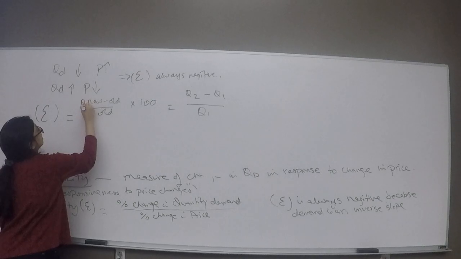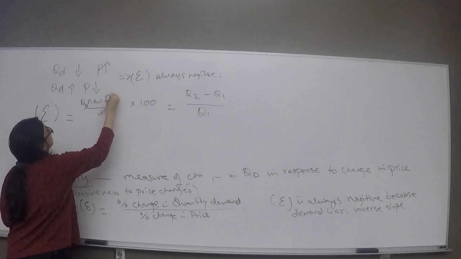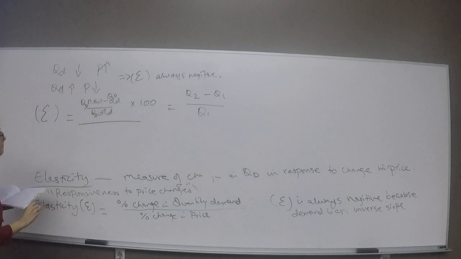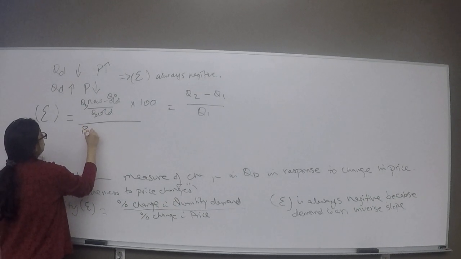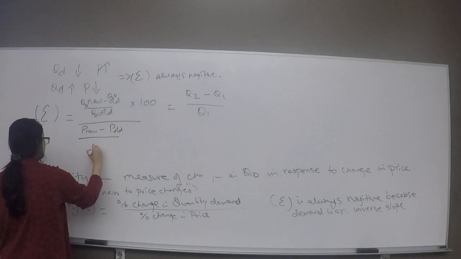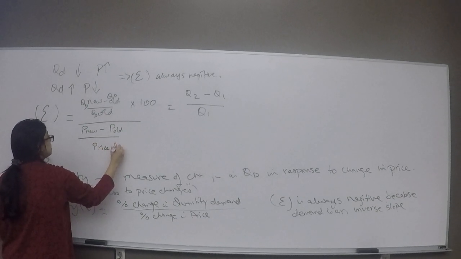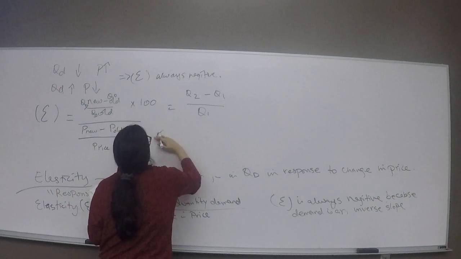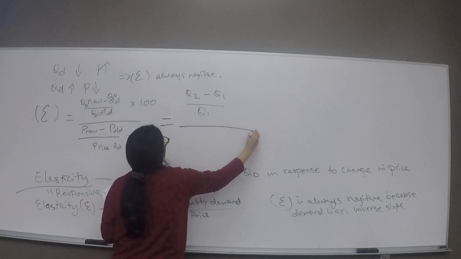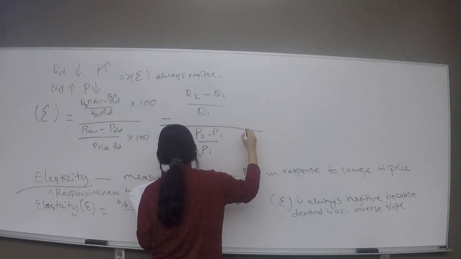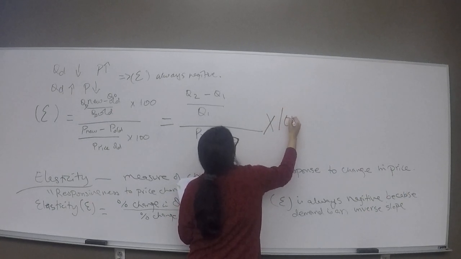New quantity demand minus old quantity demand divided by old quantity demand. Price new minus price old divided by price old times 100. P2 minus P1 divided by P1, and all of this times 100.